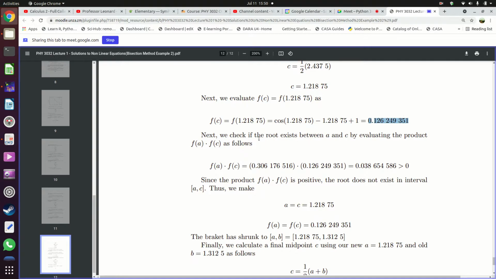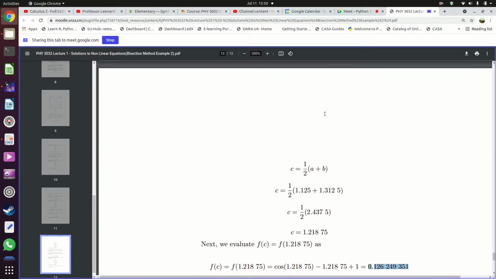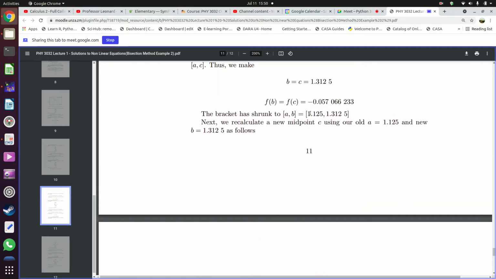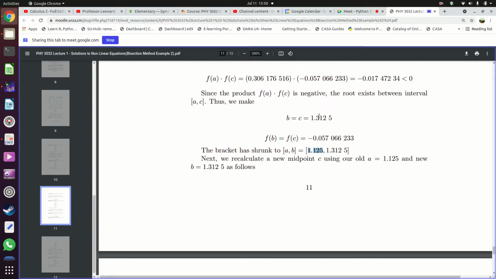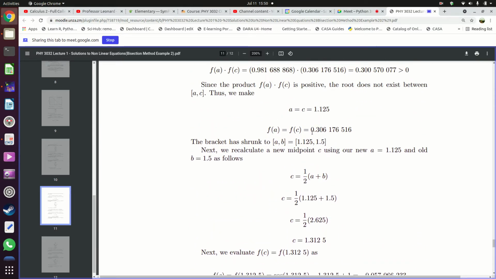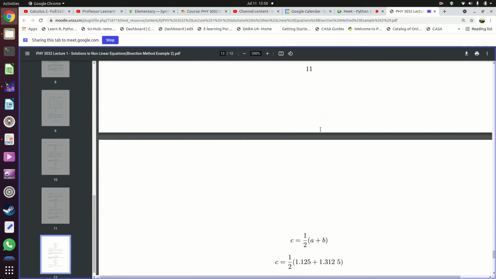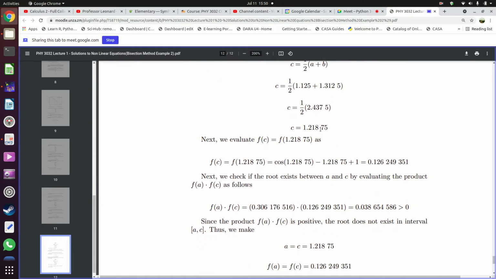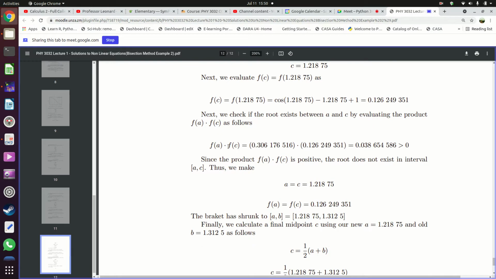Now, the task is to check if there is a root between a and c. Our a at the moment is 1.125, and at that particular value of a, the function is positive. So we work out the product of f of a times f of c to see if our function cuts the x-axis between a and c.